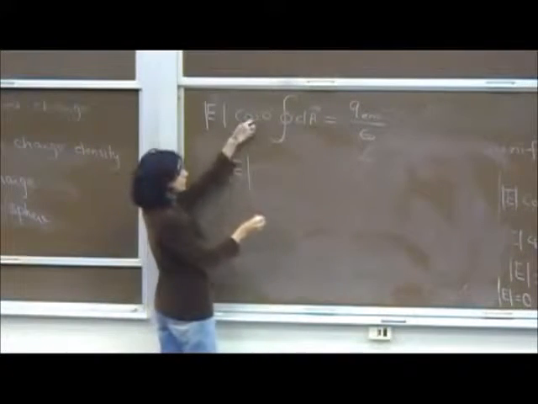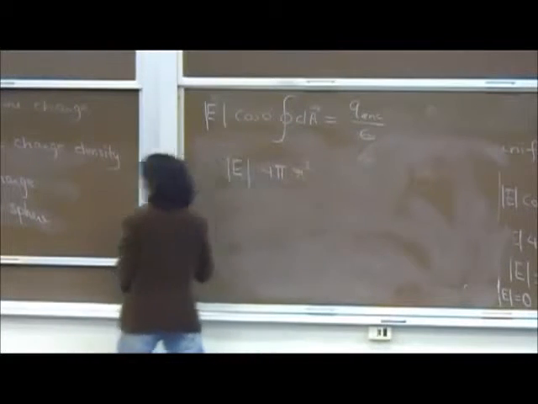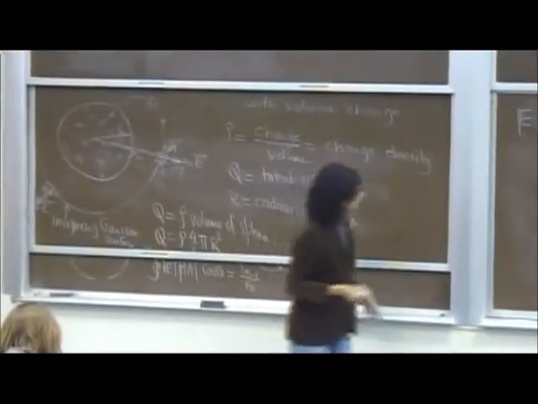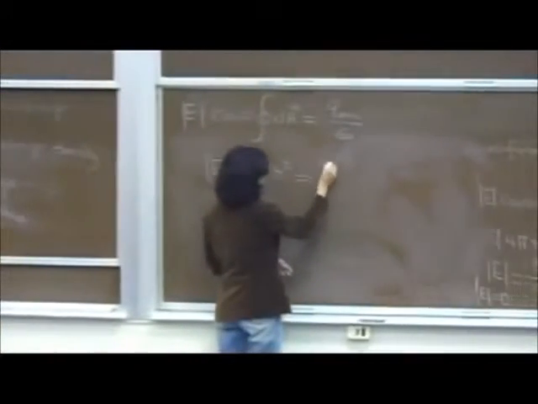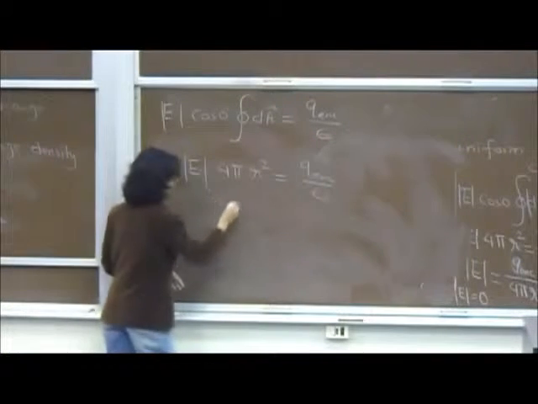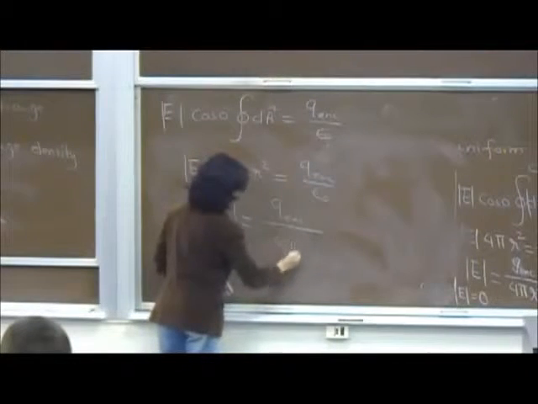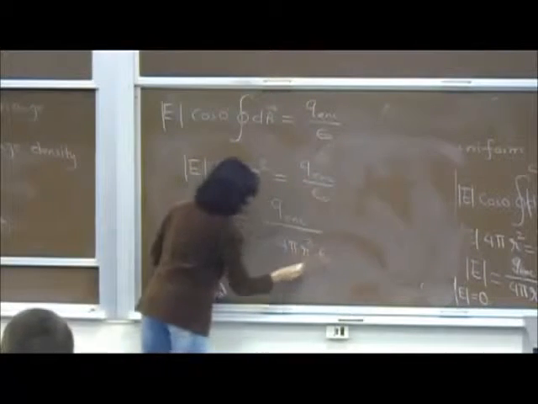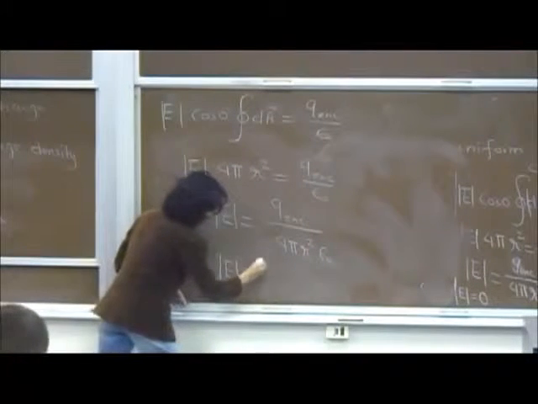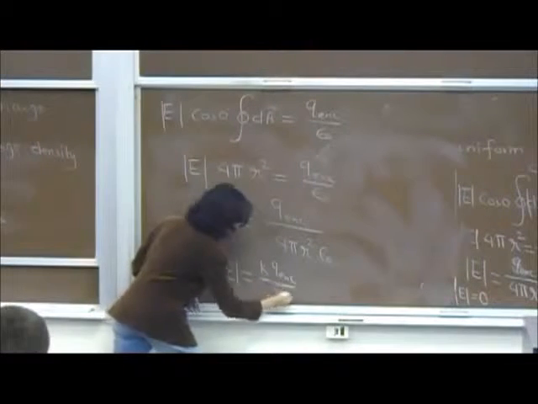So this will be cosine 0 is 1, this is 4 pi times the variable radius of this Gaussian sphere squared, and this is equal to q enclosed over epsilon 0, or the magnitude of electric field is q enclosed divided by 4 pi r squared epsilon 0, or electric field is equal to k q enclosed divided by r squared.